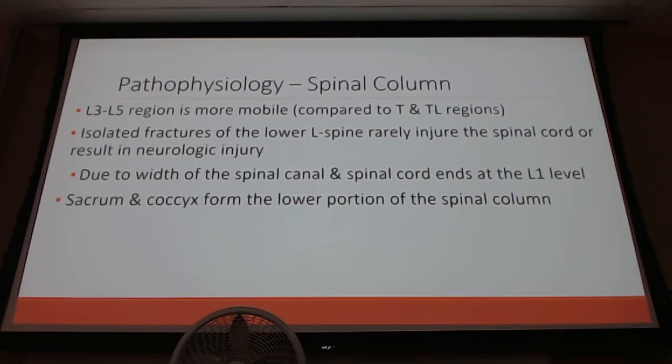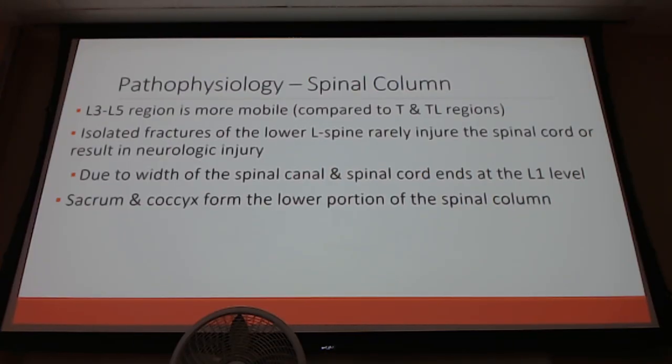And then we have our more mobile regions like L3 to L5. So we don't commonly see isolated injuries to this area or neurologic findings. And as the spinal canal ends, and the width of the spinal canal is a little bit narrower down there after the cord ends, we can have issues with our cauda equina, and then our sacrum and coccyx are the lower portion.